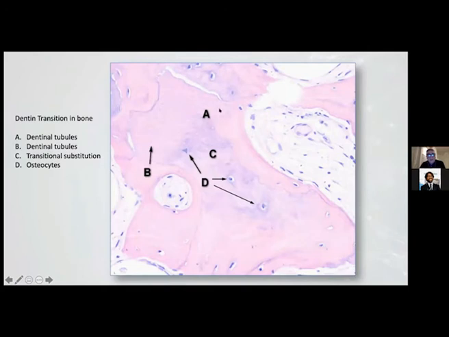Only here is the residual dentin, and in the other part it was completely resorbed and substituted by new bone. And in D we have osteocytes, and this is a transition substitution, and these are the tubules of dentin.